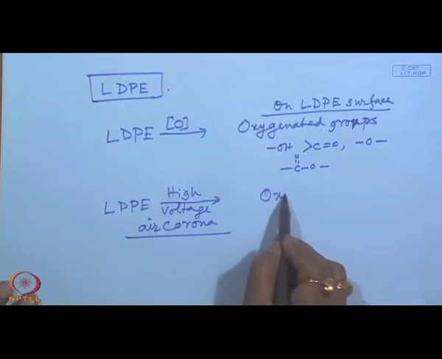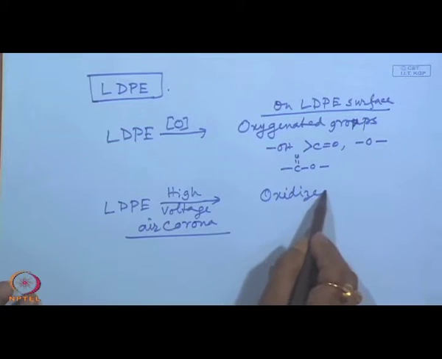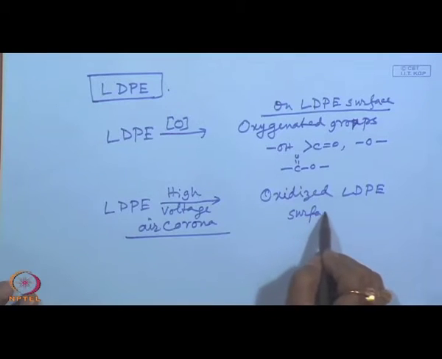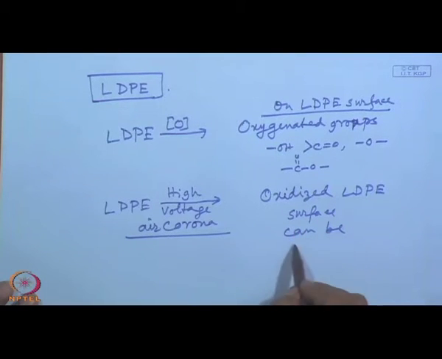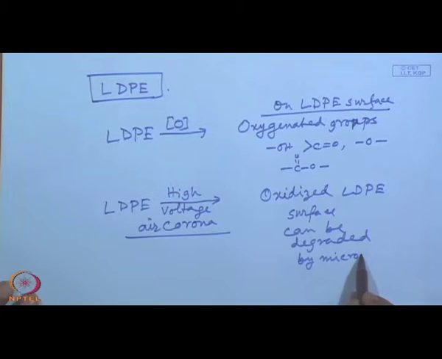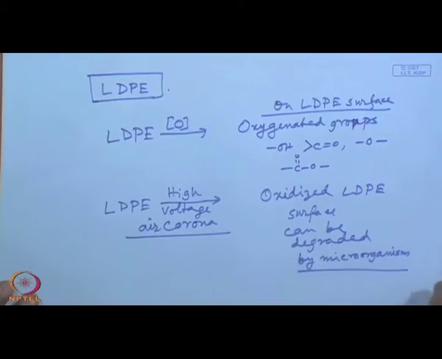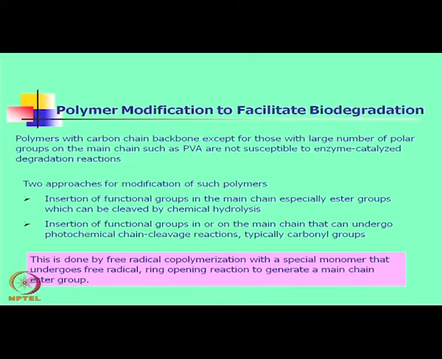That oxidized LDPE surface can be degraded by microorganisms, bacteria as well as fungi. That is possible. We have done some experiments, we have seen that yes, it is working, it is functioning. So, that technology can be developed.